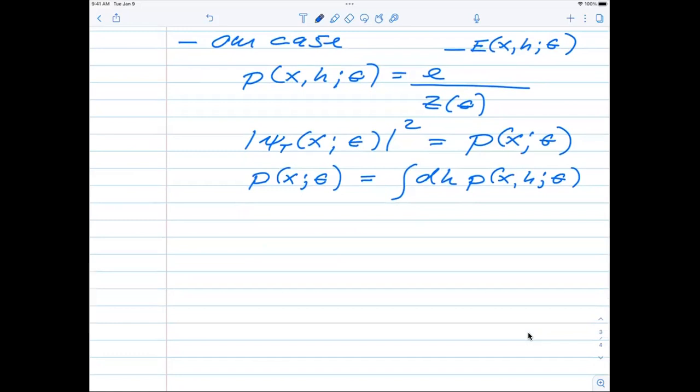Now, in our case here, what we are going to end up with is that we are going to minimize the same quantity which we had before.